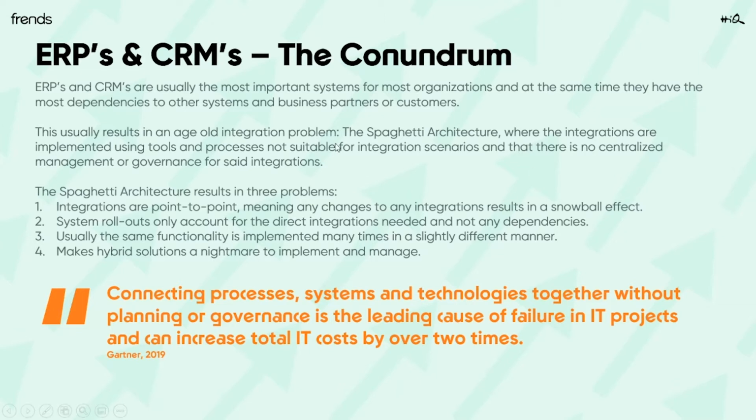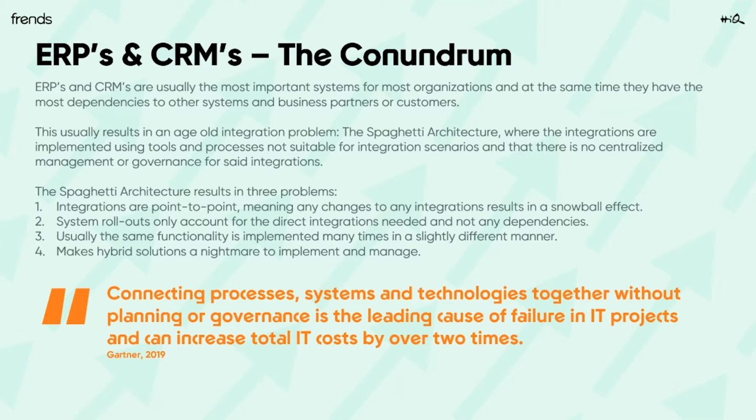The first one is that when integrations are not at the center of the project to deliver that ERP or CRM system, and are treated on the outside of the project as a small piece of the puzzle, that results in a point-to-point architecture, meaning that the ERP system is directly connected, for example, to the PIM or warehouse management or HR or whatever.